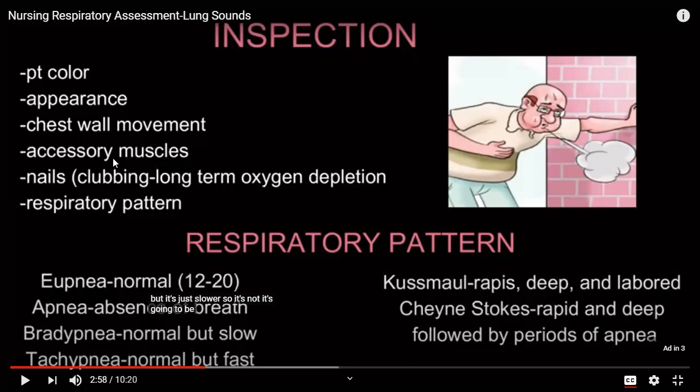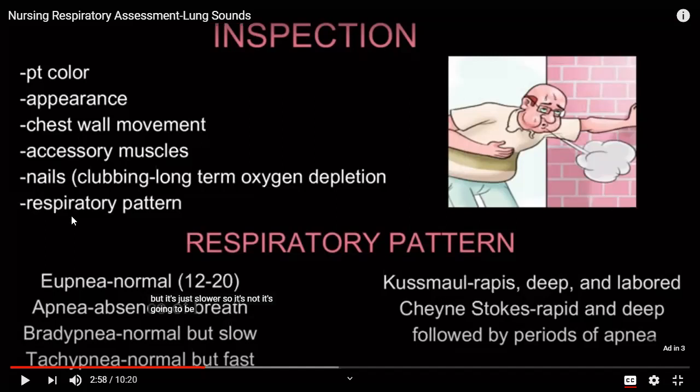Also, we have to check for any kind of hypoxia, like clubbing, right? Clubbing is the bluish ring on the tip of the nail bed, or bluish tips or lips.